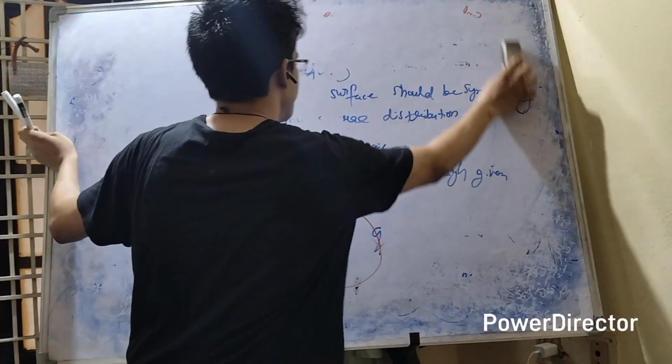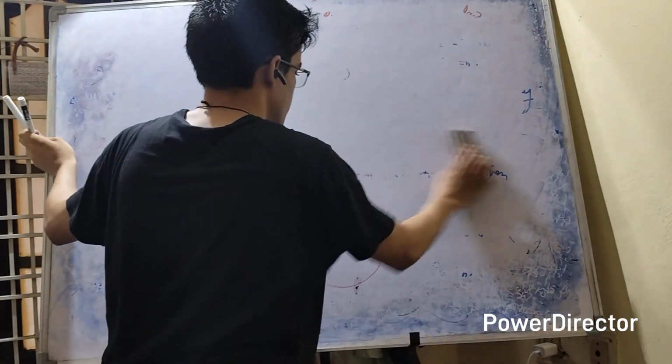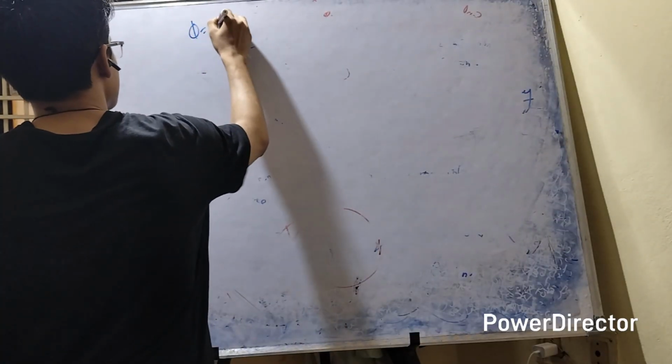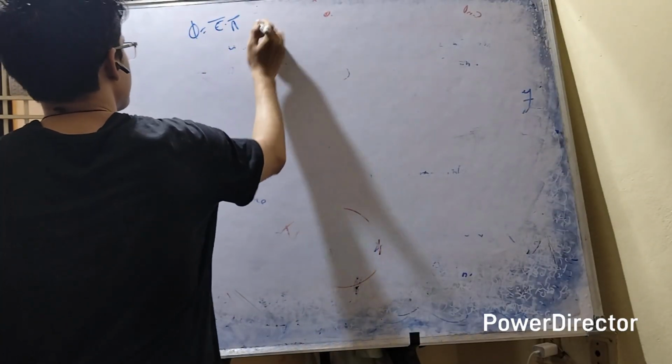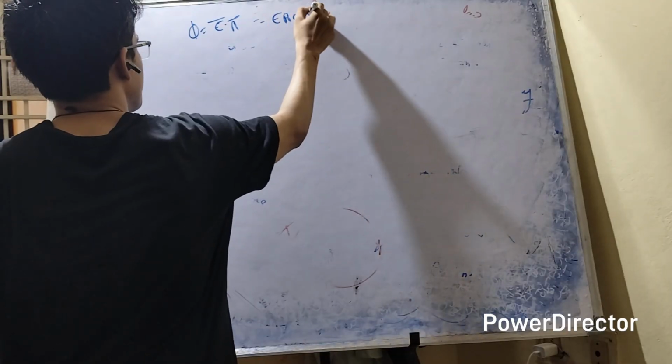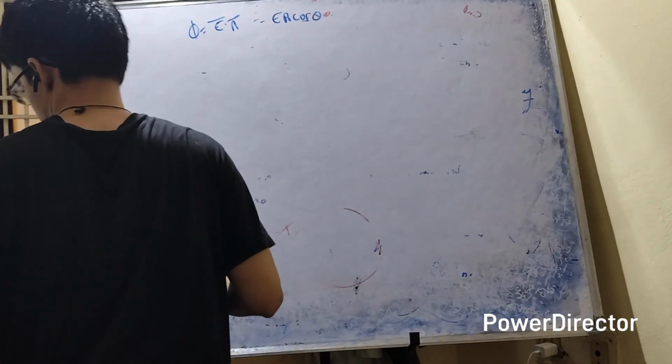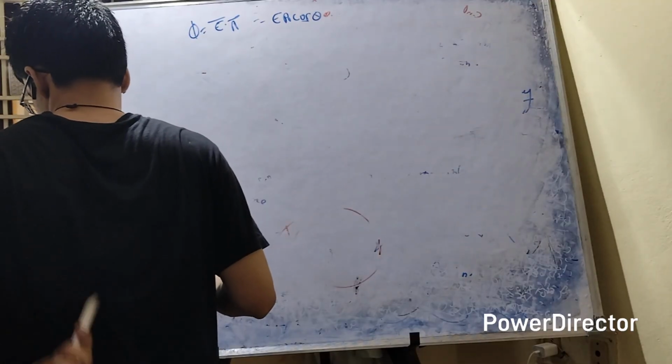Next step. And you know what the flux formula is? Phi equals E dot A, correct? This will be E A cos theta, correct? So here we can add something more.